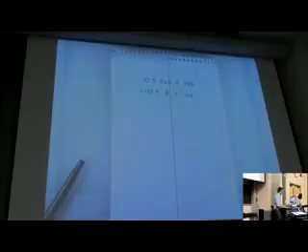Suppose we want to represent 2 and 3/32, and suppose we only have 4 bits to do that in. To represent that exactly, we need 7 bits, and so we have to round.